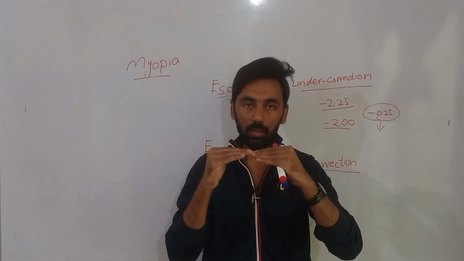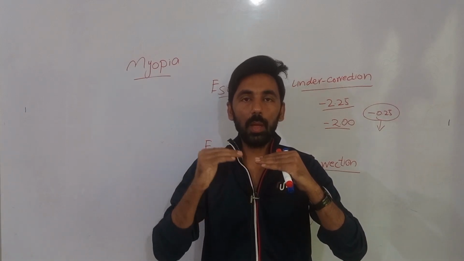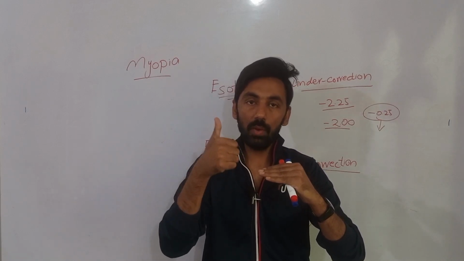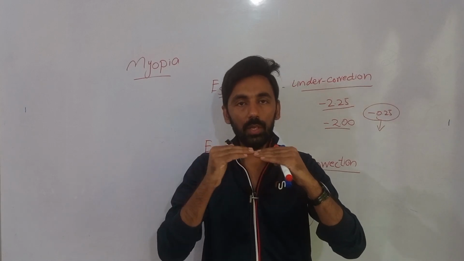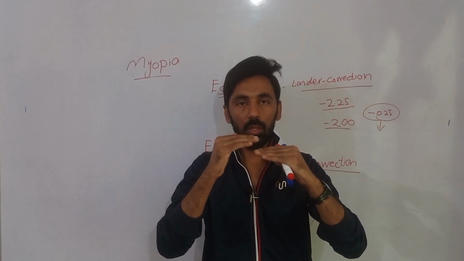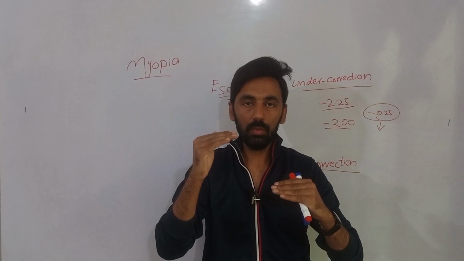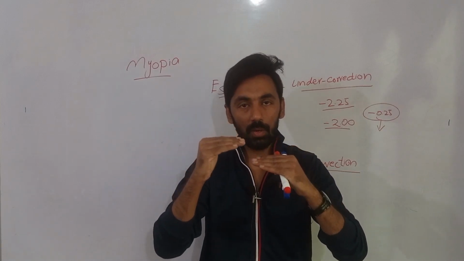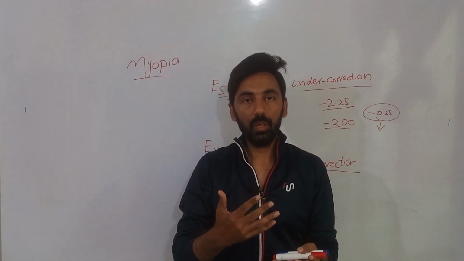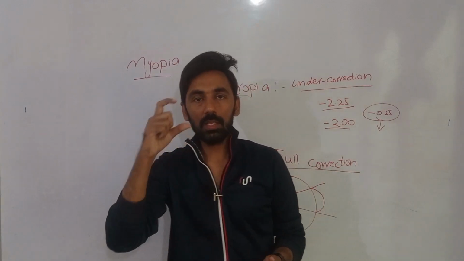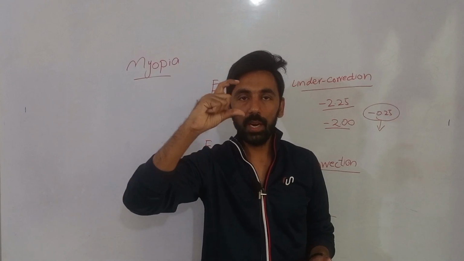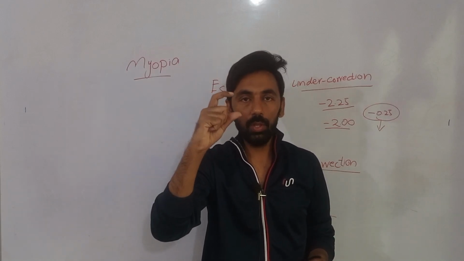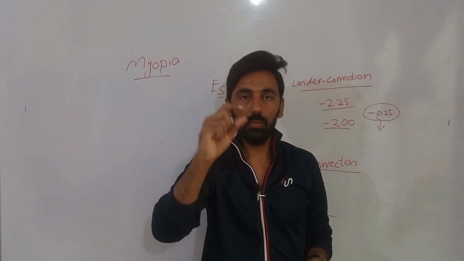So we prescribe -1, the patient says very good. We prescribe -1.5, the patient says very good. If we prescribe -2, the patient says really very good, right? And if we increase the power, suppose we go to -2.25, then -2.50. As we are increasing the minus power, the patient will appreciate. As we are increasing the minus power, the size of the object will decrease, but the acuity of that optotype will increase.